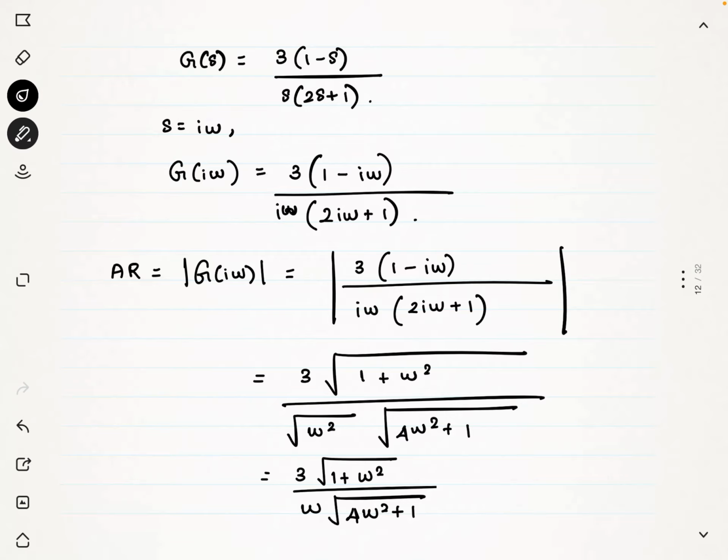And from the question we know that the input frequency is 4 pi radians per minute. If we substitute omega is equal to 4 pi, we'll get the amplitude ratio.